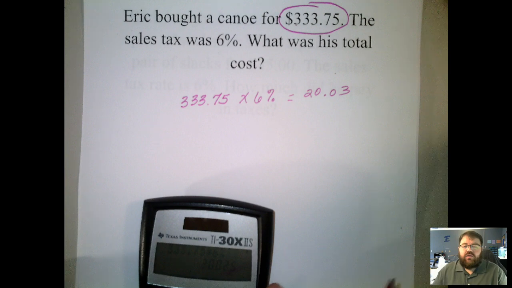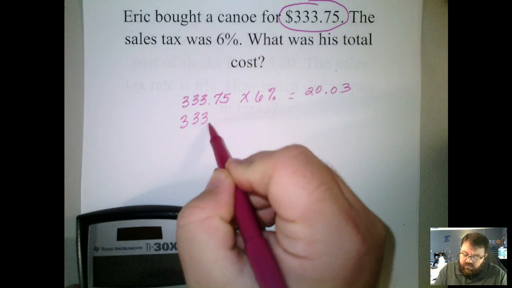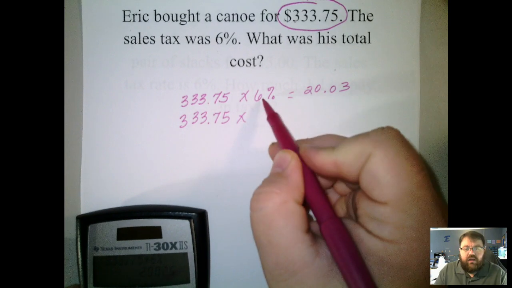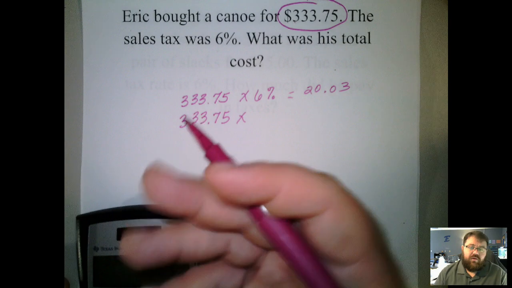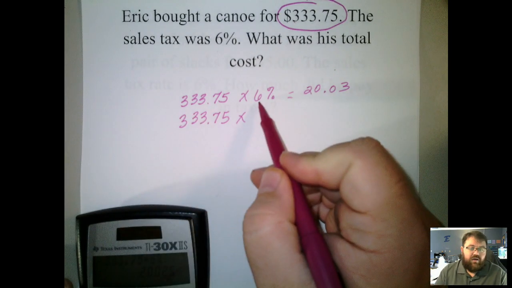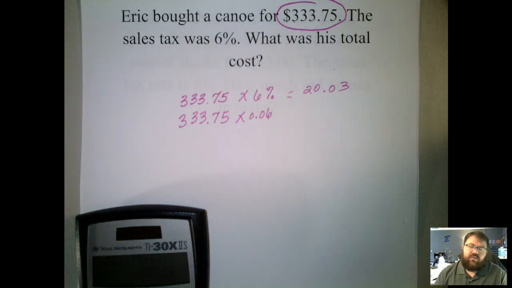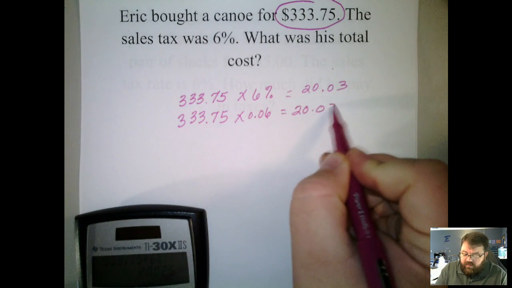Now, last week, we had a discussion about changing percents to decimals. If you do not have a percent button on your calculator, you can change the percent to a decimal. Remember to do that, we just divide it by 100. So we get 0.06. And that's going to give you the same thing.